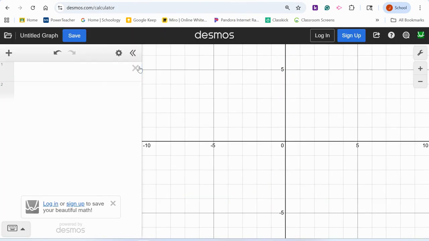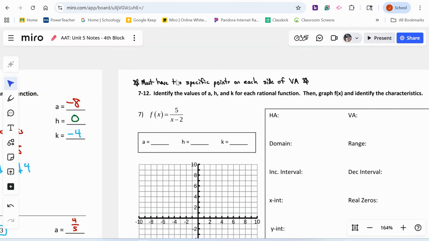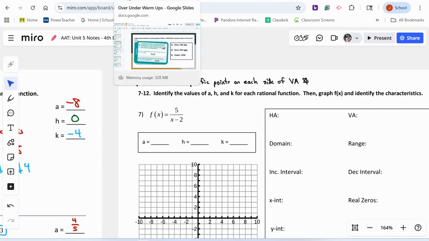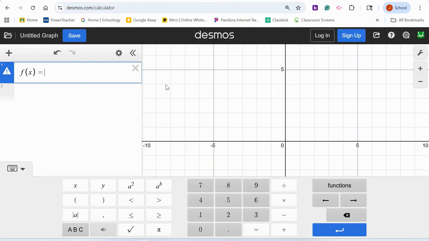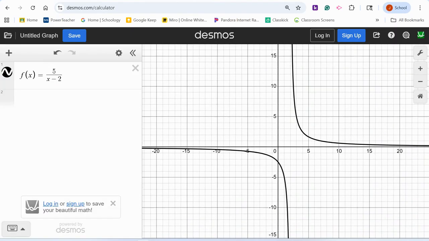So Desmos, if we come here, you don't actually have to type the f of x equals, but I'll just do it for appearance's sake there, 5 over x minus 2. So 5 divided by x minus 2, and you can see we get a graph that looks like this.